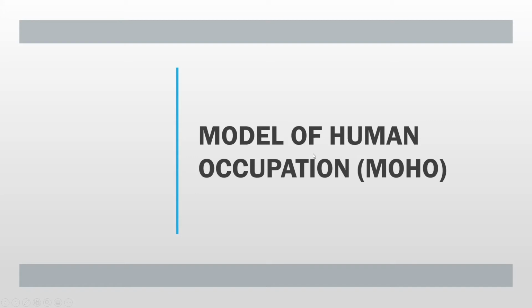So first and foremost, one of the more important parts about understanding the OCAIRS assessment is the Model of Human Occupation, or MOHO. And so OCAIRS is going to be based on the MOHO itself and based on all the theoretical underpinnings that make MOHO what it is. So in order to really effectively utilize the OCAIRS assessment, you need to be well versed in what MOHO is, their definitions, and how they view human occupation.